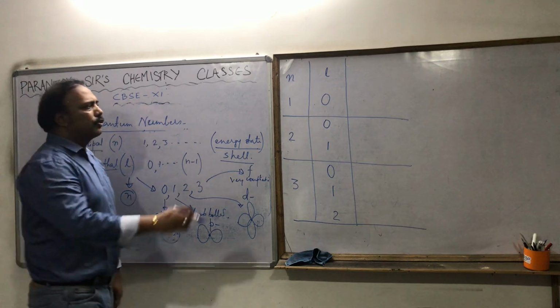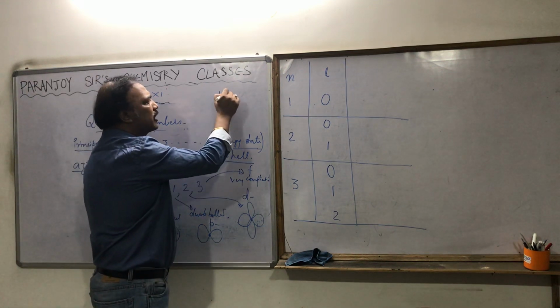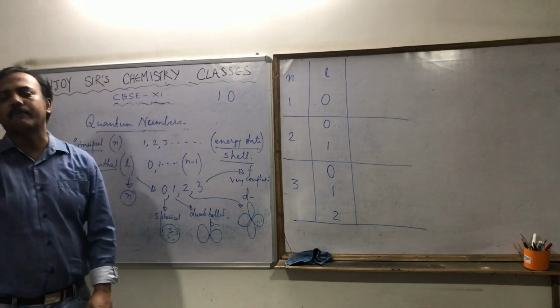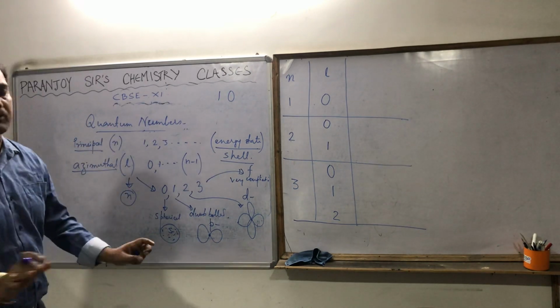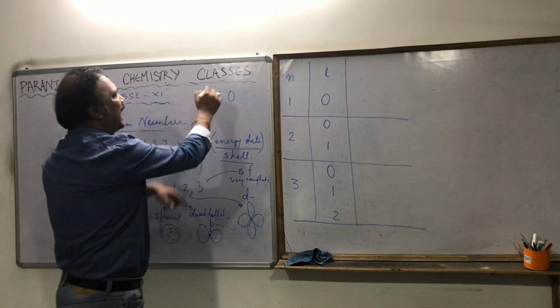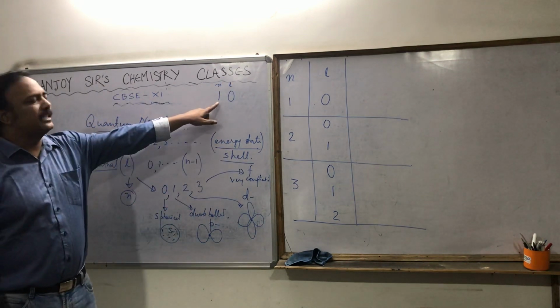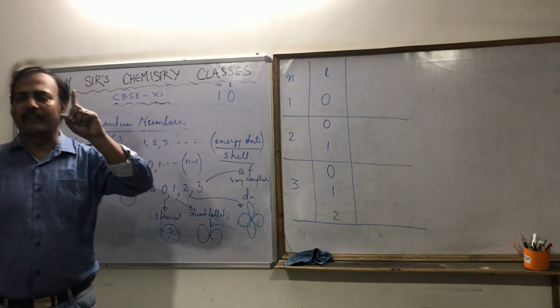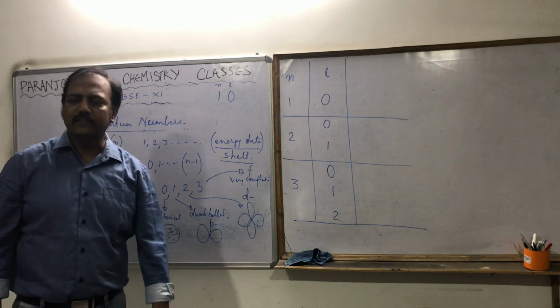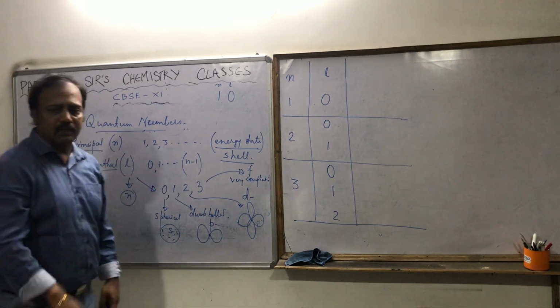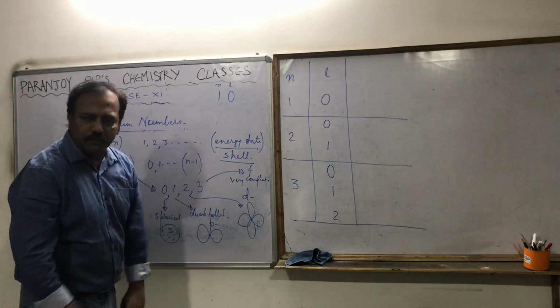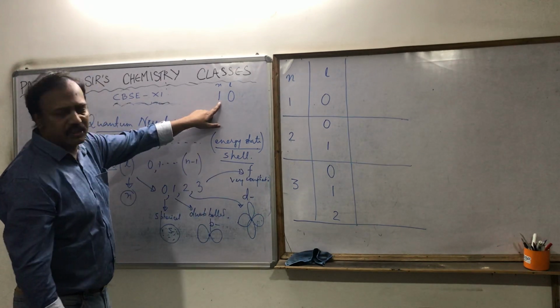So if I just write 1, 0, what can you say by these numbers? Just try to understand this. This is n and this is L, like pin numbers. What is this n saying? n is saying the level or the shell. That means we are talking of an electron which is present in the first shell.